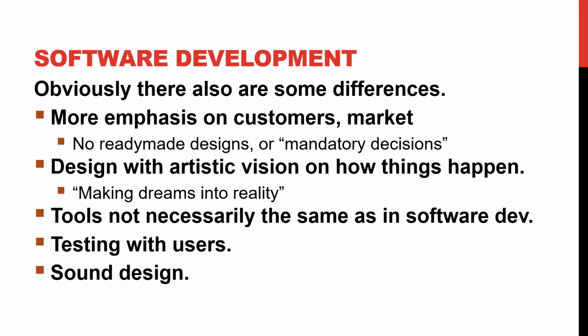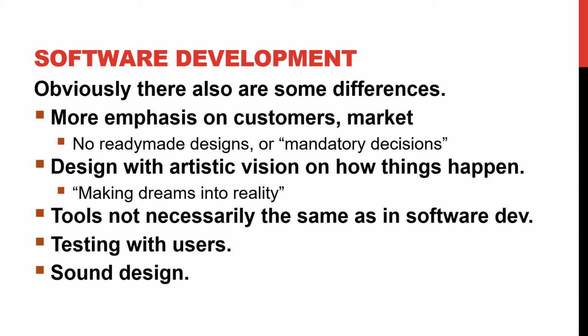This of course means also that there are no ready-made designs or mandatory decisions which dictate what we are actually doing. So if we can design anything, then our story can be about anything ever. This also means that, of course, there are no set rules.